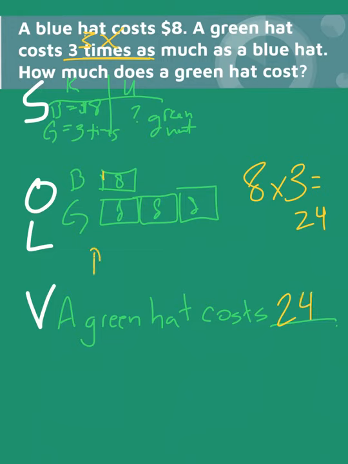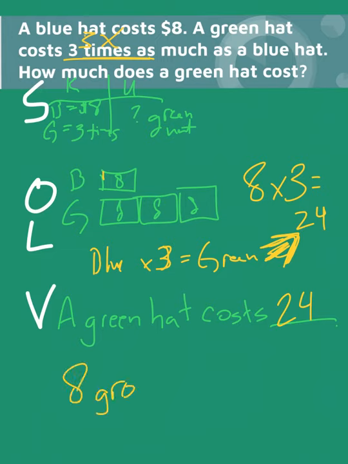So, blue hat times 3 equals green. That's what we wrote up here. That gave us 24. If you're unsure, remember, it's 8 groups of 3. It's the same thing as saying 8 times 3.